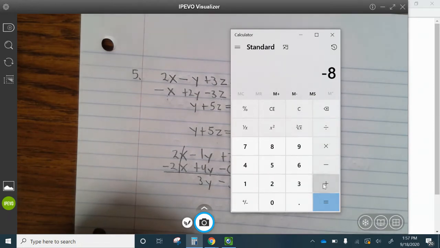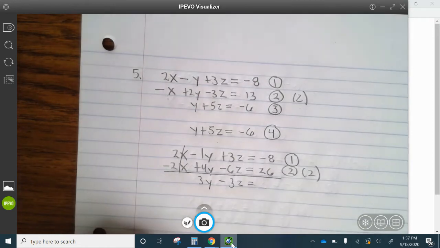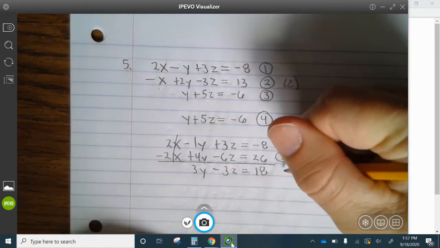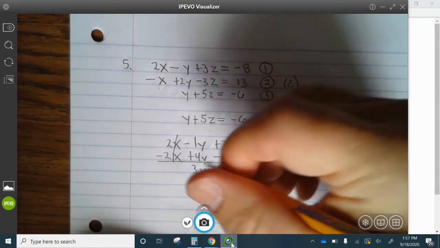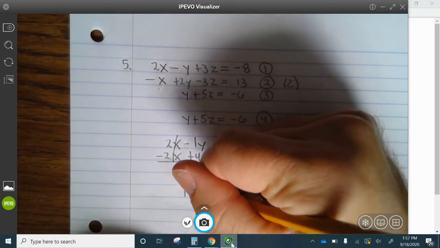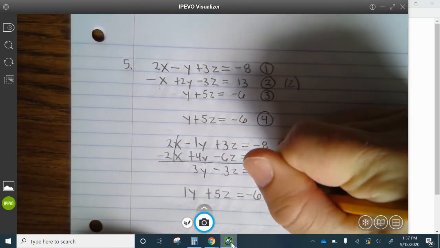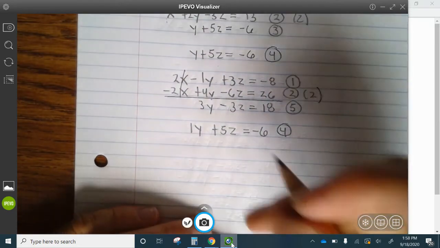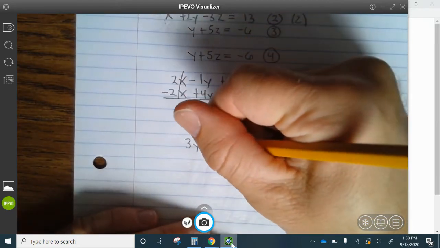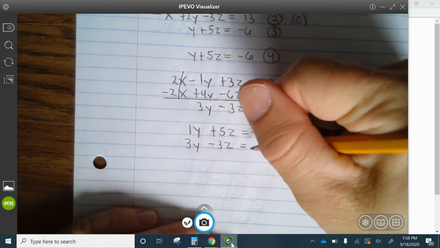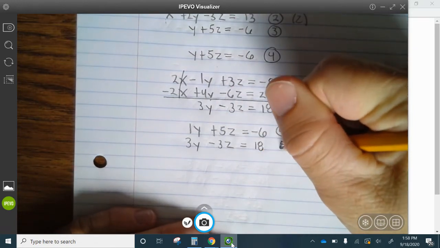So we have 1y plus 5z equals -6. That's equation 4. You have 3y minus 3z equals 18. That's equation 5. So if we multiply equation 4 by -3, the y's will cancel. So let's do that. So -3y minus 15z equals 18. That's equation 4 times -3.